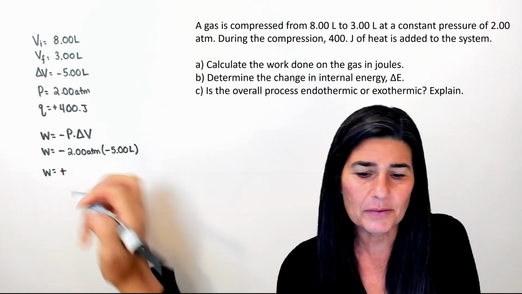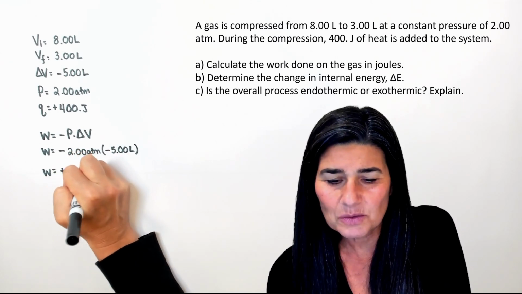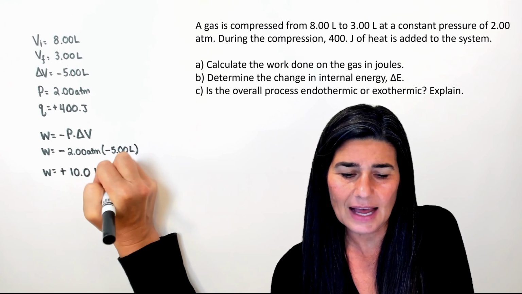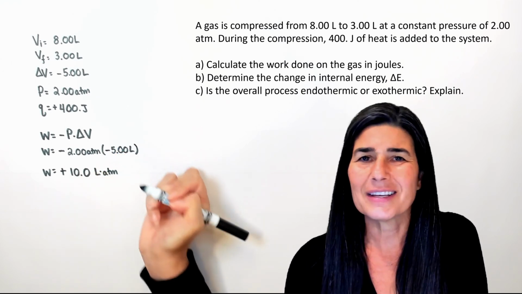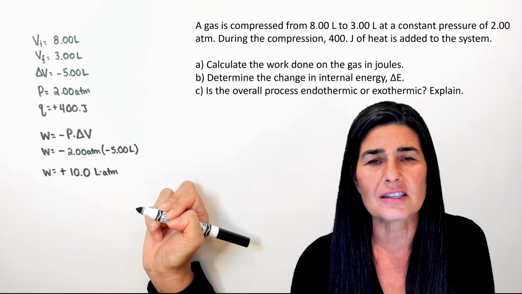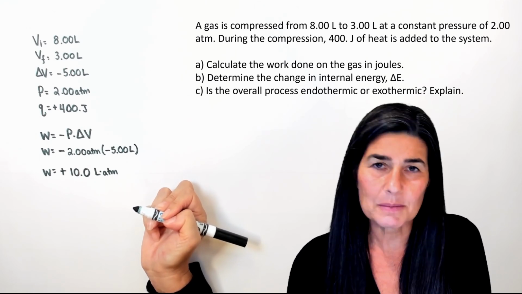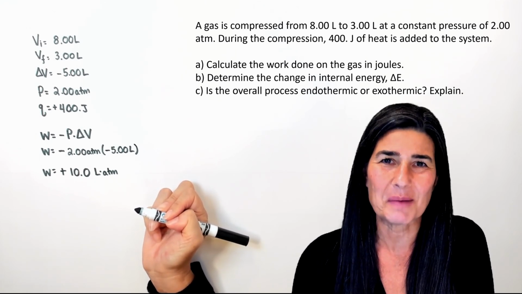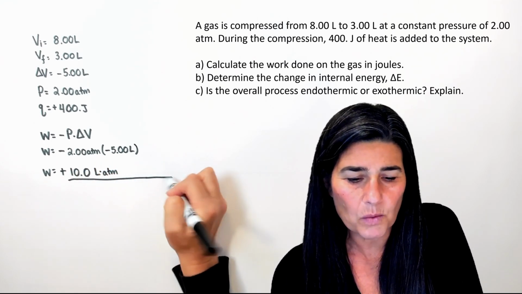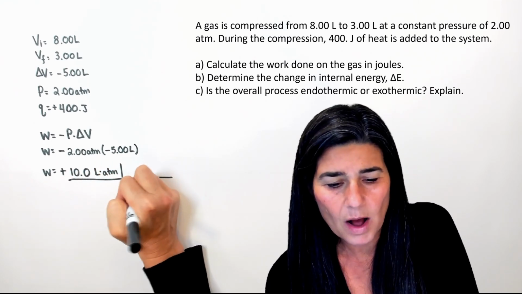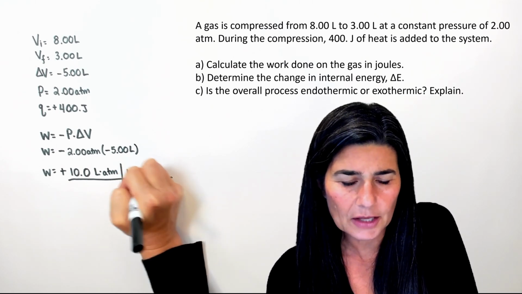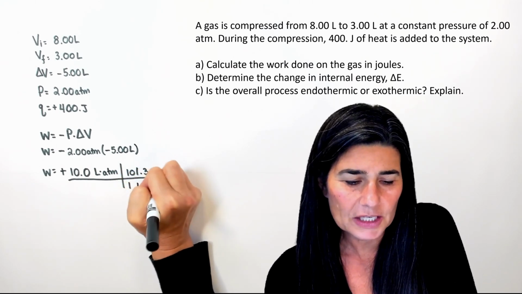2 times 5, well, that's 10. And we're in a little bit strange units here. We're 10 liters times atmospheres. Well, it's no problem. We can change this into joules by just using a conversion factor that 1 liter times an atmosphere is 101.3 joules. So let's go ahead. We're going to convert that work by saying 1 liter atmosphere is 101.3 joules.